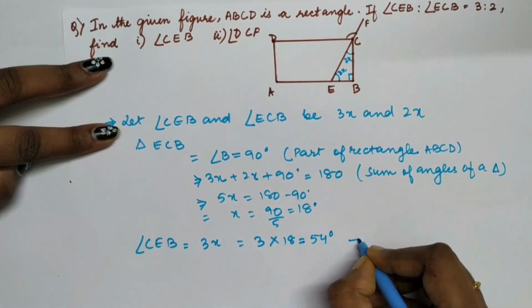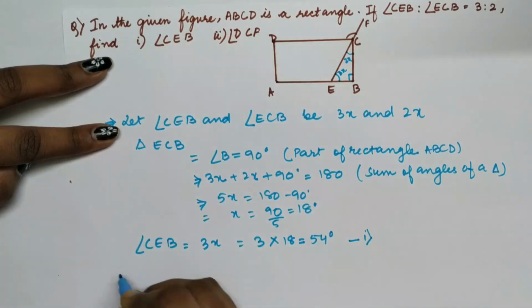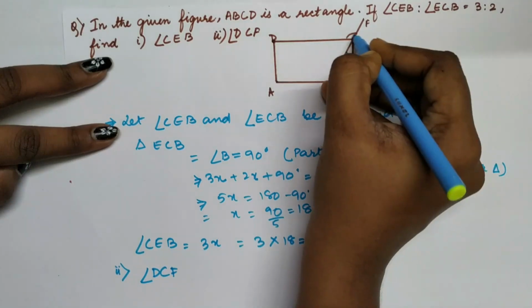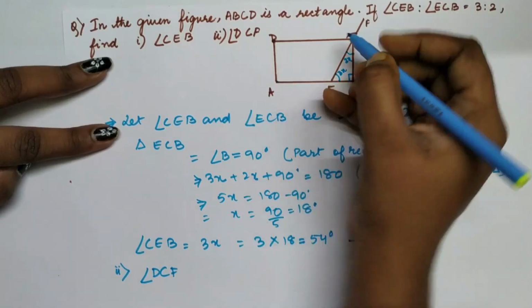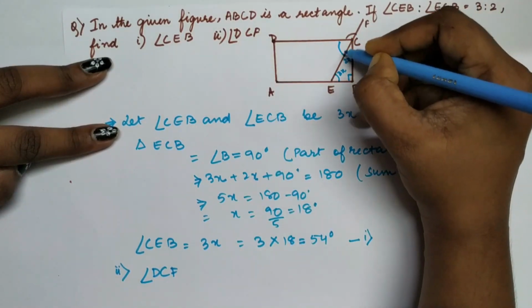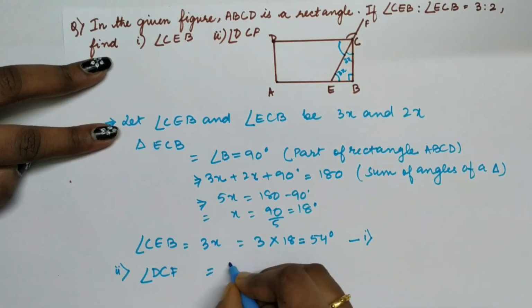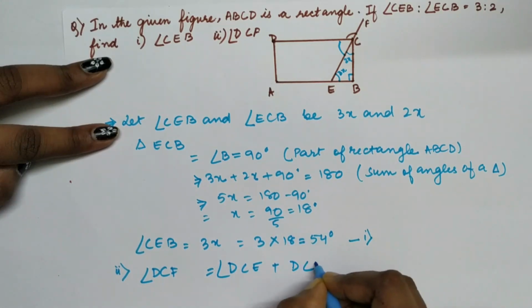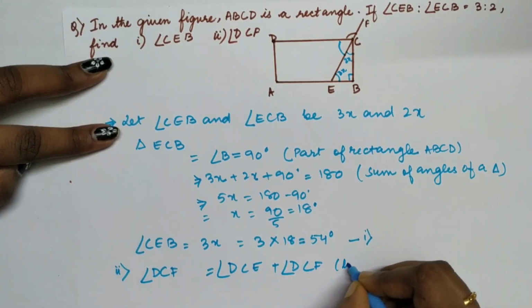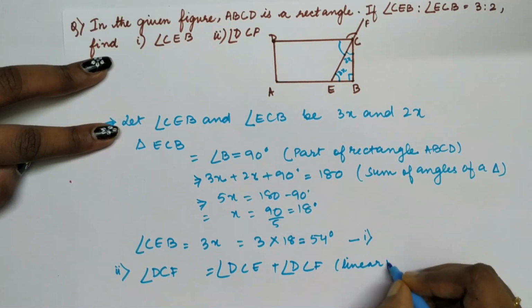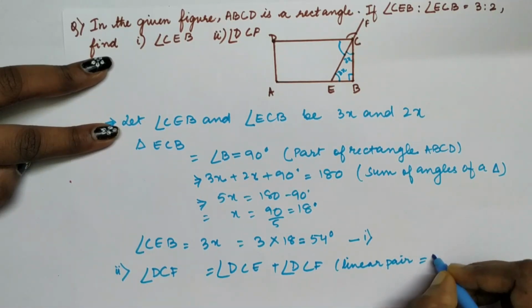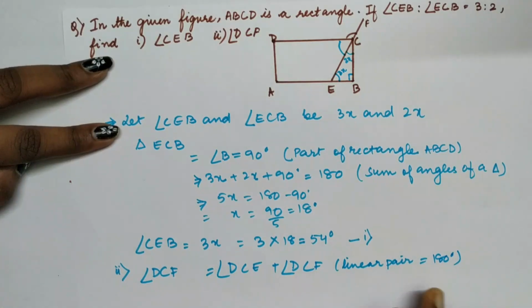So I got one answer, and the part 2 is angle DCF, which is marked here DCF. So for that we can first calculate DCE. So DCE plus DCF are the linear pairs, because it is a straight line, and that is equal to 180 degree.